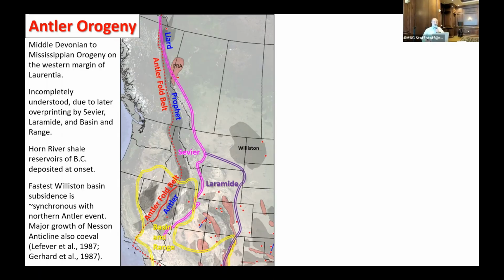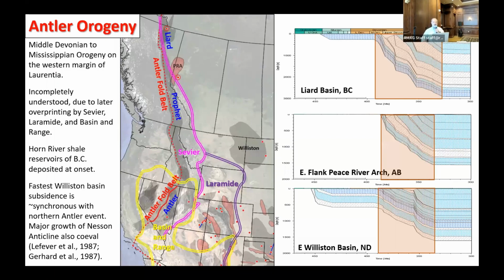And so if we look at the geohistories up in the Liard Basin, we see that we get this subsidence commencing in the Middle Devonian and it continues through most of the Mississippian. The site here at the flank of the Peace River Arch is first onlapping basement, then it continues around the same time.